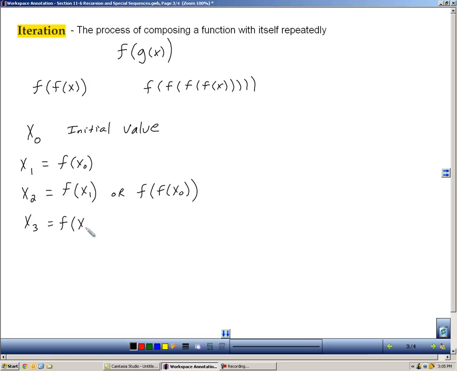So this is f of x sub 2. You plug the last value into the function again. The other way of thinking about that is the composition of the function 3 times. And this is what iteration is, taking a value for a function and using it back inside itself multiple times.